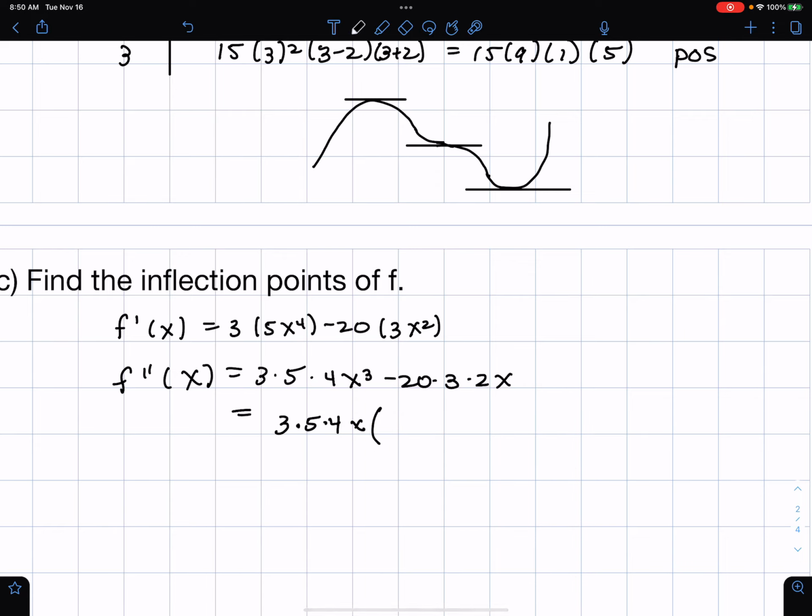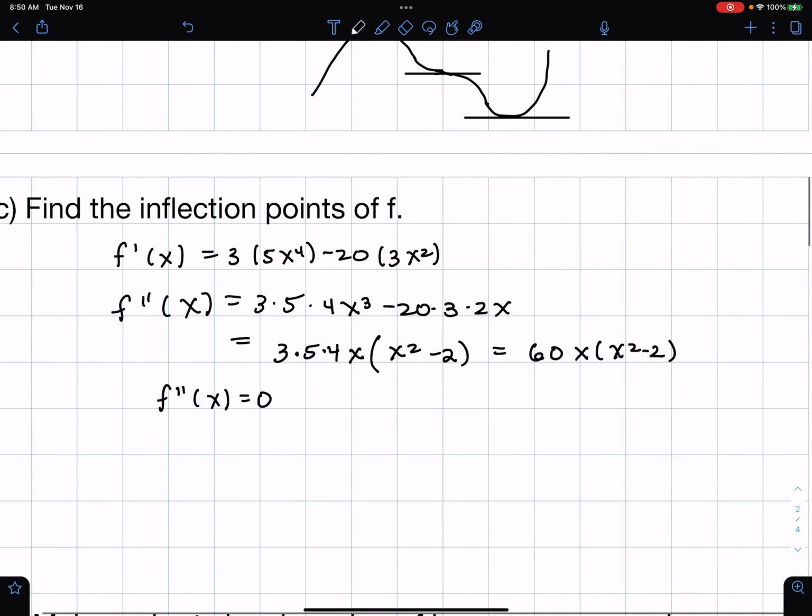That leaves behind x squared, and we took out 20 and we took out 3, which leaves 2 behind. So this, by the way, is equal to 5 times 4 is 20 times 3 is 60. So 60x, x squared minus 2.